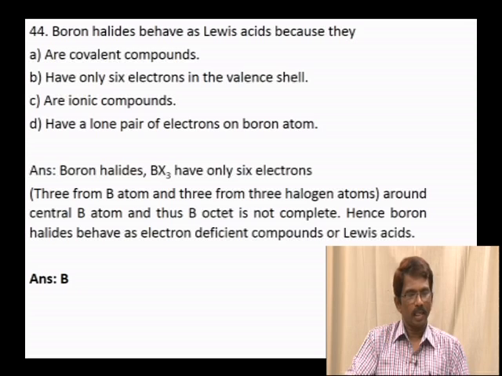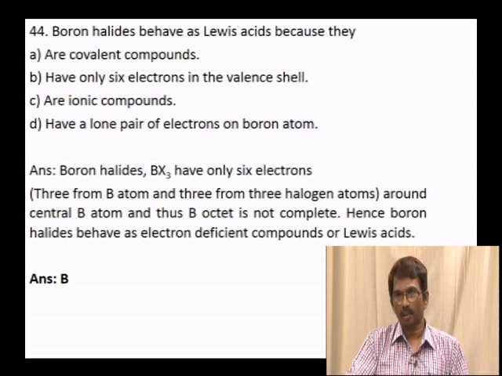So boron halides, that is BX3, have only 6 electrons, 3 from boron and 3 from the halogen atoms around the central boron atom, because the electron configuration of boron, as you know, is 1s2, 2s2, 2p1.